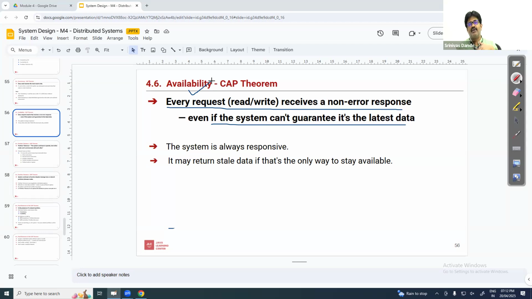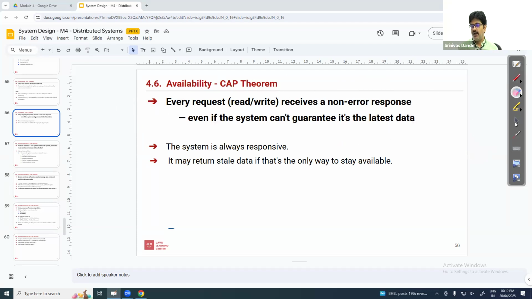Whenever a user sends a request, the system should respond immediately. If you ask the price of a mobile phone, it will give you the price. Whether it is the old price or the latest updated price, there is no guarantee, but the system is available and will always respond to you. That's the availability concept. Clear? Availability is also clear?